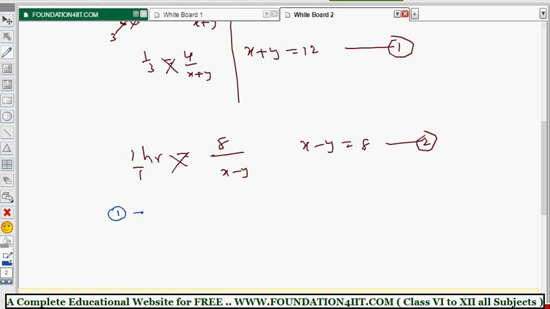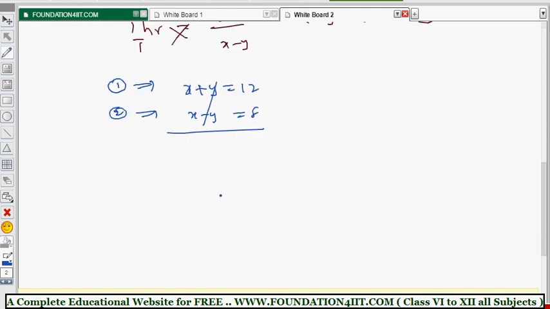Let's take equations 1 and 2: x plus y is 12 and x minus y is equal to 8. Cancel y by adding both. 2x is equal to 20, then x is equal to 10. The speed of the sailor in still water is 10 kilometers per hour.